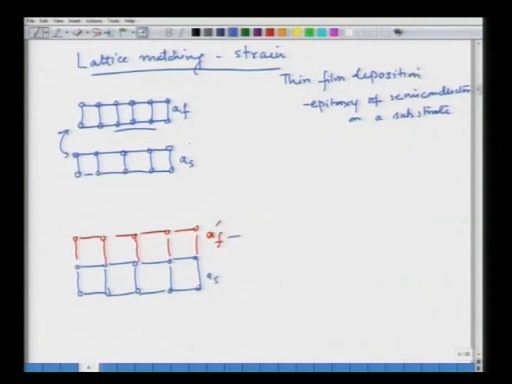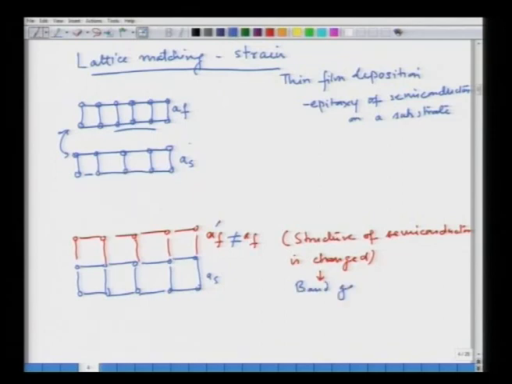Now AF prime is not the same as AF, which basically means I have changed the structure of my material. If I change the structure, it is obvious that the band gap will change, and hence the emission will be modified.